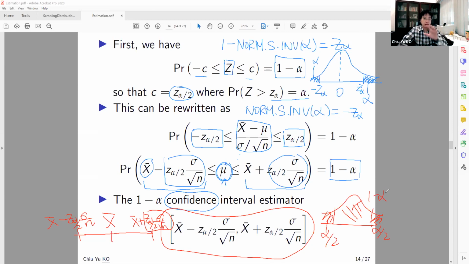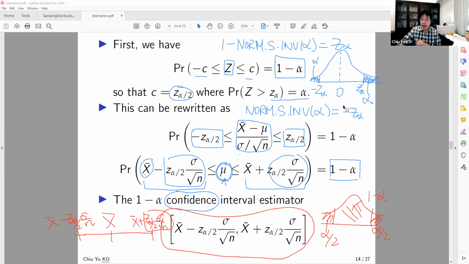What we want is a 1 minus alpha probability that the interval around the sample mean will include the population mean. So we want that probability to be large. Of course, alpha usually is a small number. It will be more clear in the next slide, where I give an example.